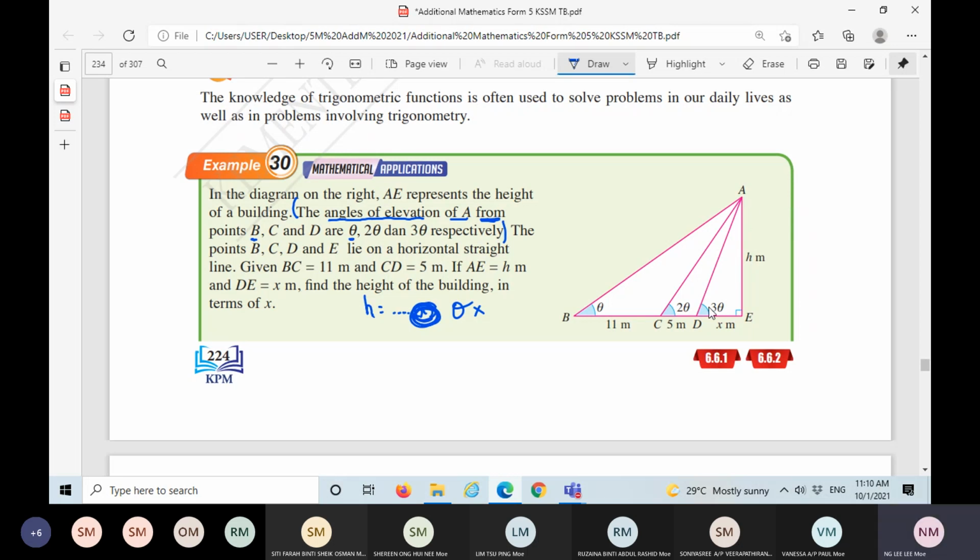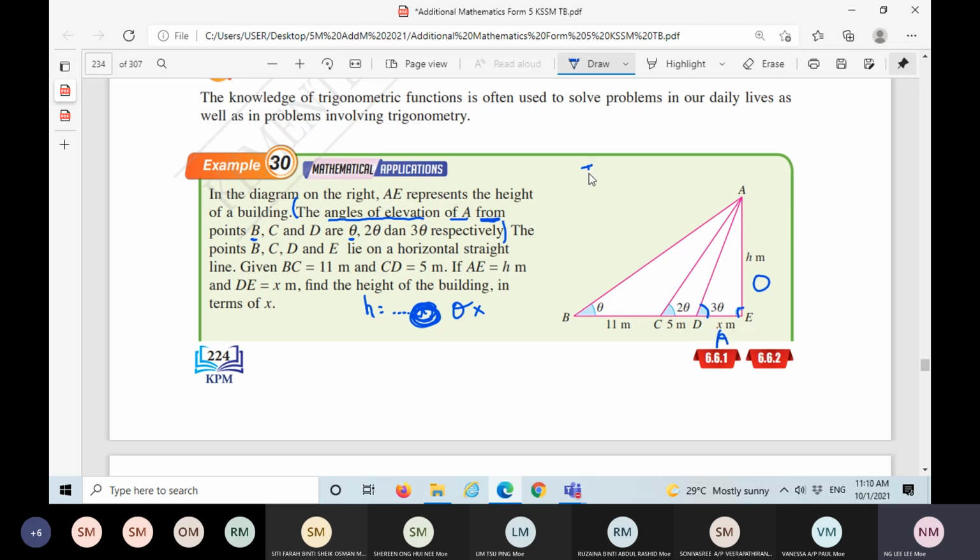I think we have to try to relate. You see a right angle triangle, a right angle here. This angle 3 theta, this is opposite to the angle, and this is adjacent.